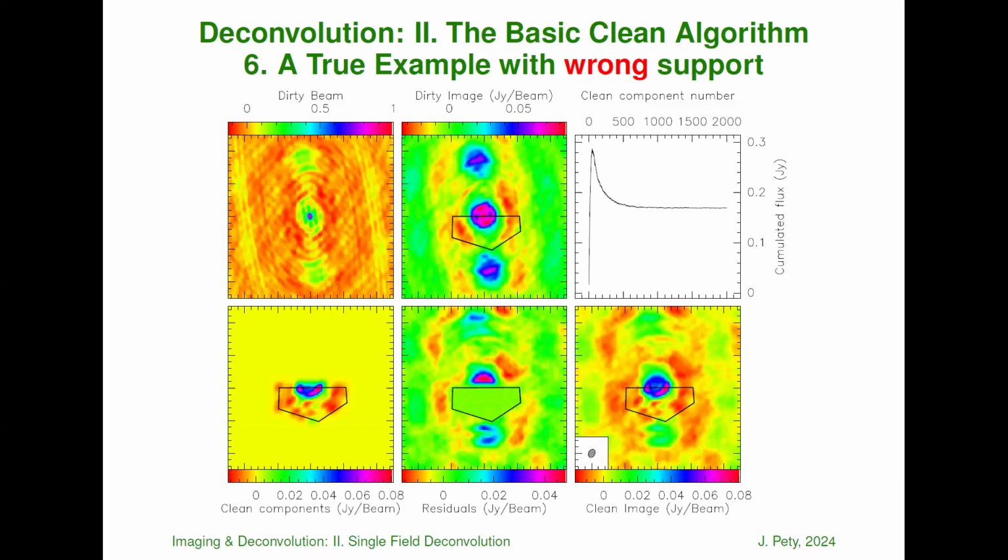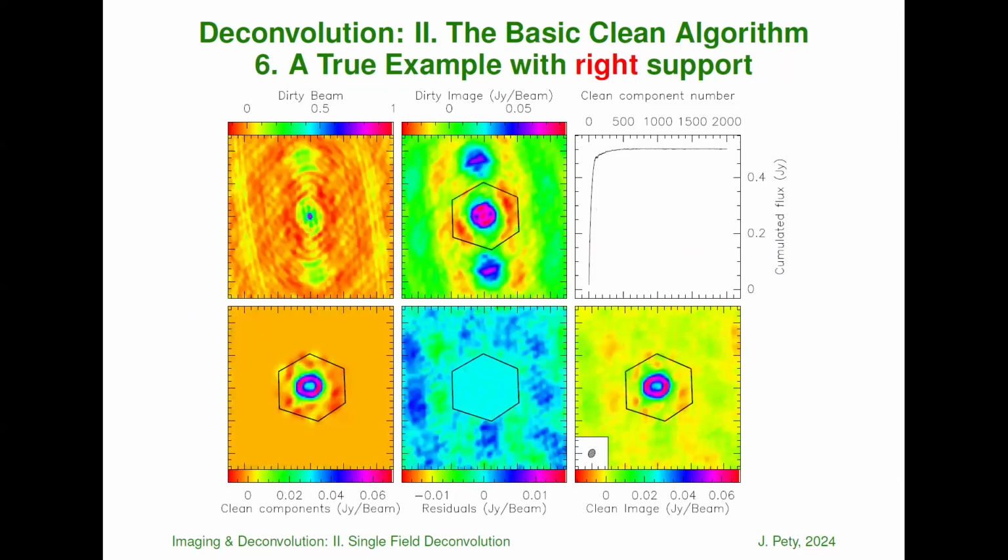That's an obvious example. What happens in reality is that you have a point source outside your support that is not so bright. Should you put it inside your support or outside? Well, you should put it inside, but how do you know that this is the true source?